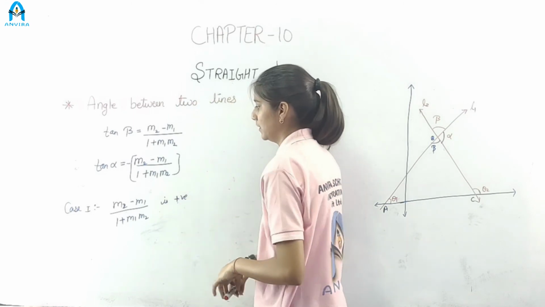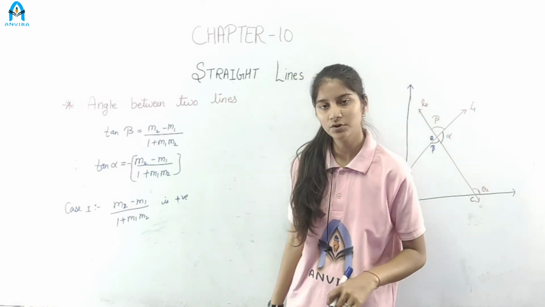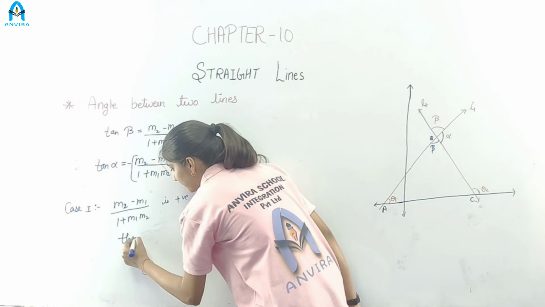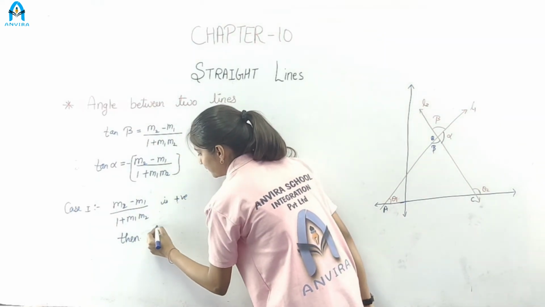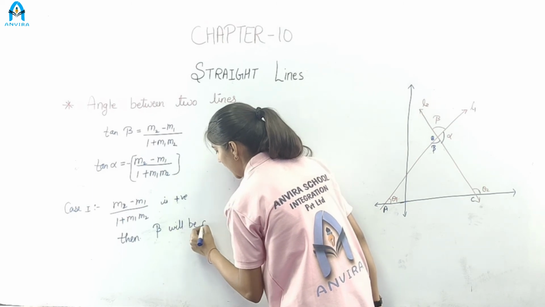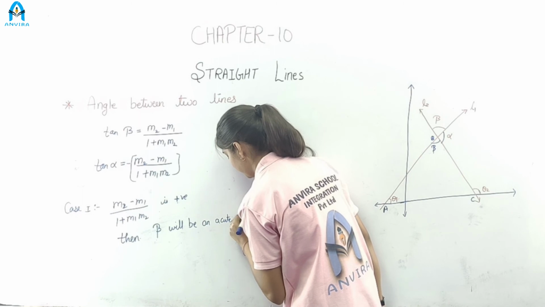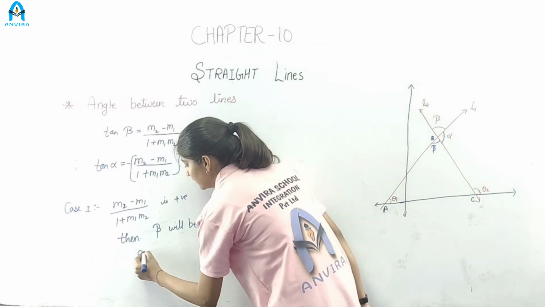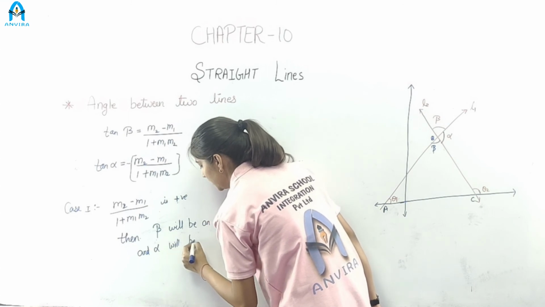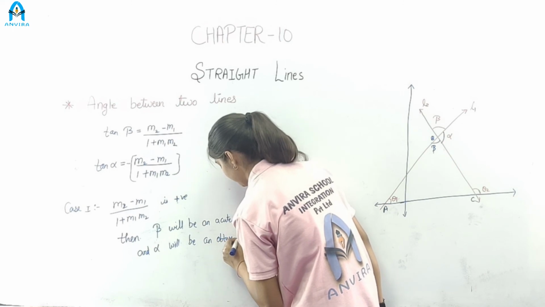If this happens, if tan beta is positive, then beta will be an acute angle and alpha will be an obtuse angle.